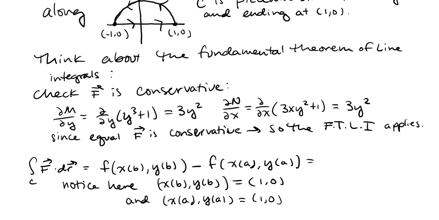So what we're going to have up top is this line integral is going to be f of (1, 0) minus f of (1, 0). So in a way, it really doesn't even matter what the function f is, because either way, I'm evaluating it at (1, 0), which will give me some output, and then subtracting off that same output. So this is going to be 0. I don't even need to find what that potential function is.